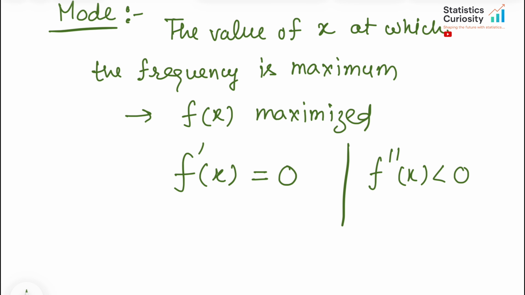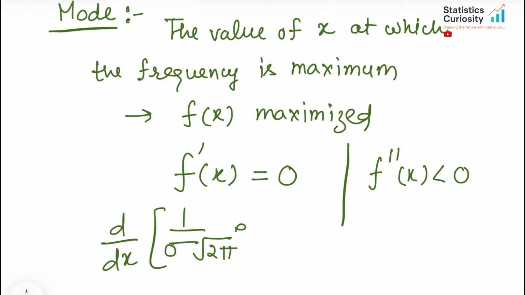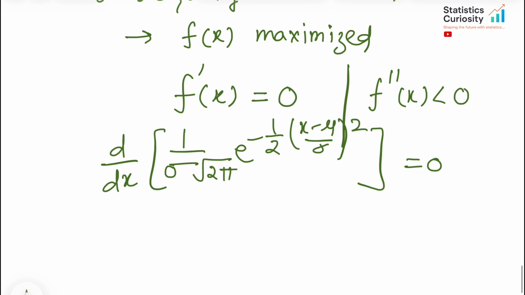Then you will call this a maximum, that you are finding the maximum of the function for that particular value of x. So as per the definition, we will differentiate this PDF with respect to x and then equate it to 0. We have to take d over dx of the PDF, that is 1 upon sigma under root 2 pi e raised to the power minus 1 by 2 x minus mu upon sigma whole square, and then equate it to 0. This 1 upon sigma under root 2 pi is constant.